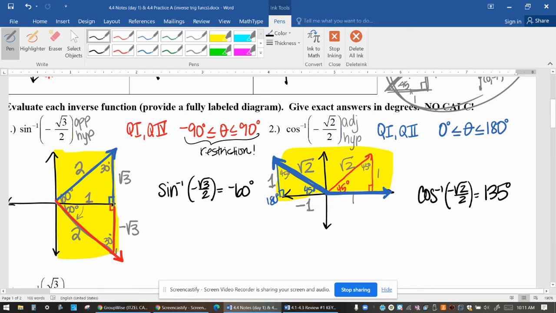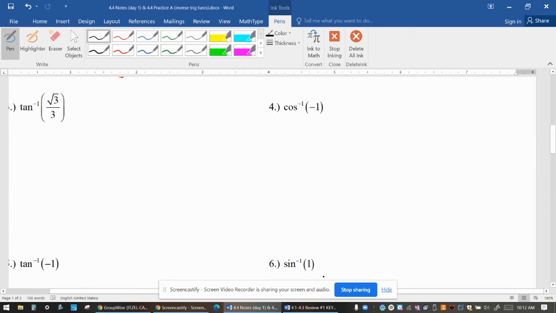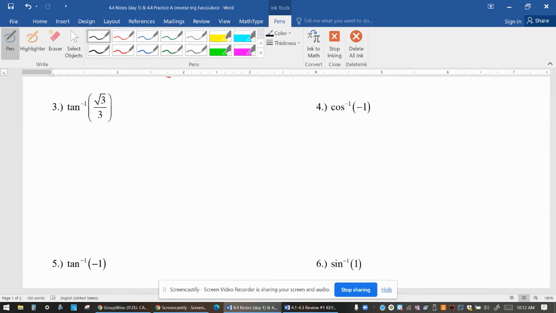You can check your answers after you finish drawing your diagram by putting your calculator in degree mode and typing inverse cosine of negative root 2 over 2, and you should get 135. Same with the previous problem. Remember, you are always welcome to pause, rewind, restart a video if you are struggling.